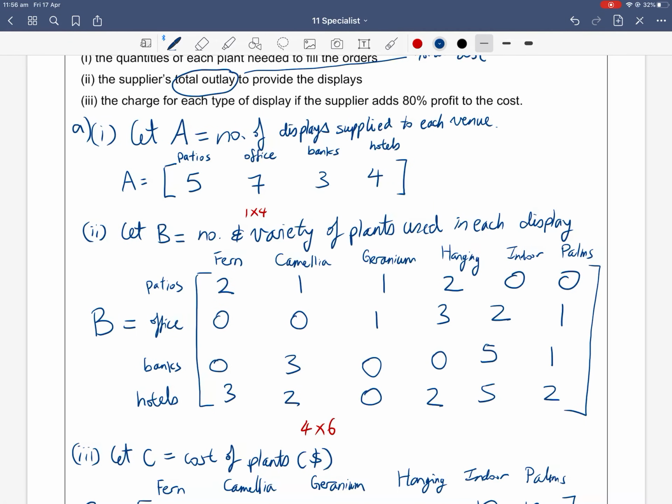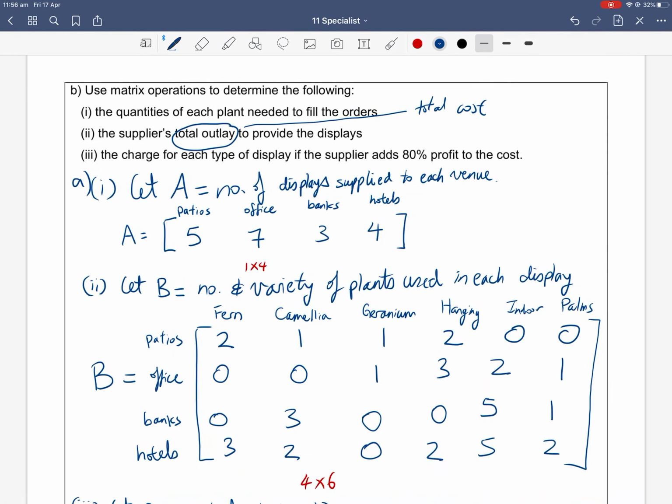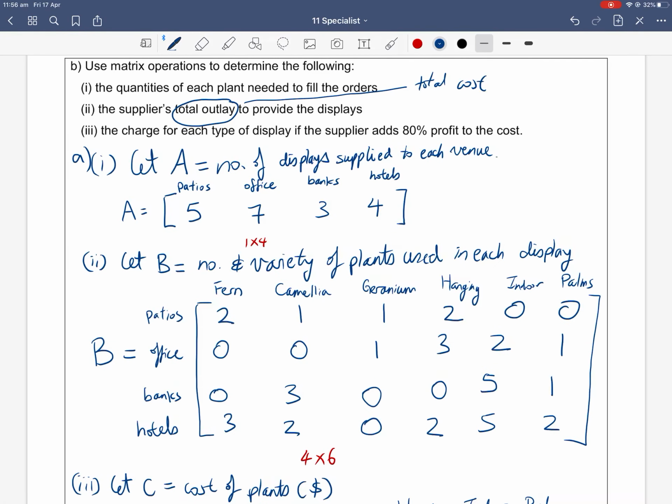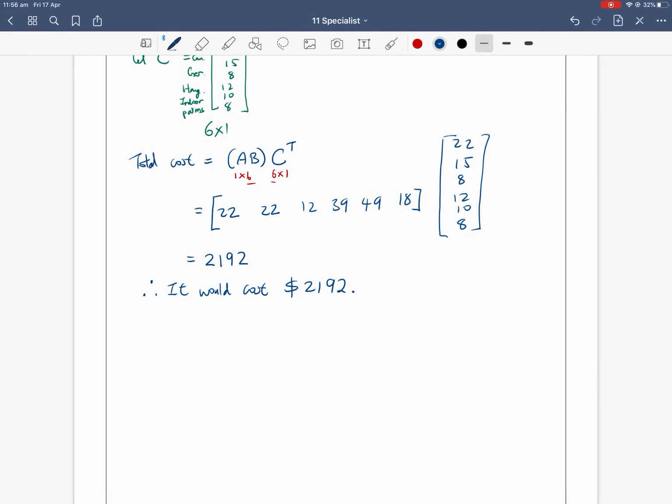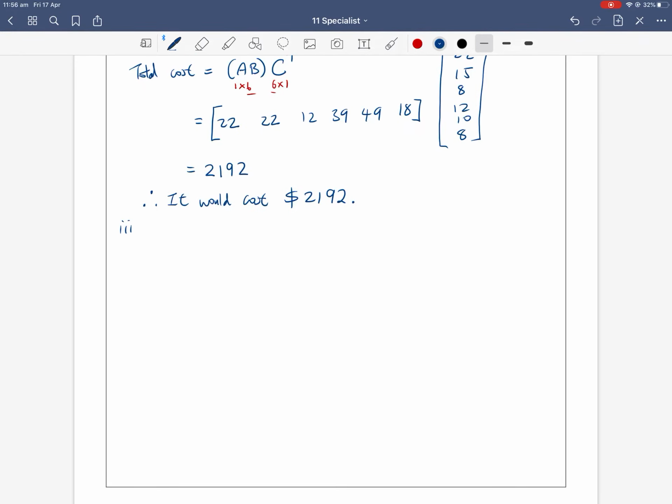Part 3 of B, it says the charge for each type of display. So work out the charge for each type of display if the supplier adds 80% profit to the cost. So part 3, we want an 80% profit.